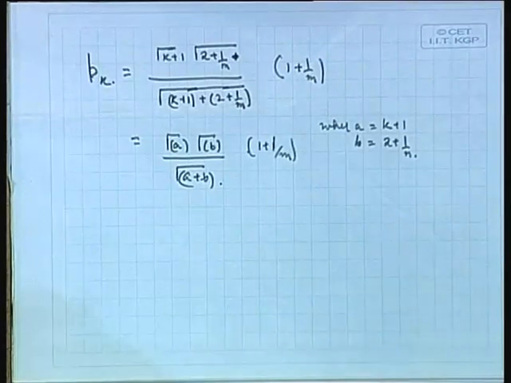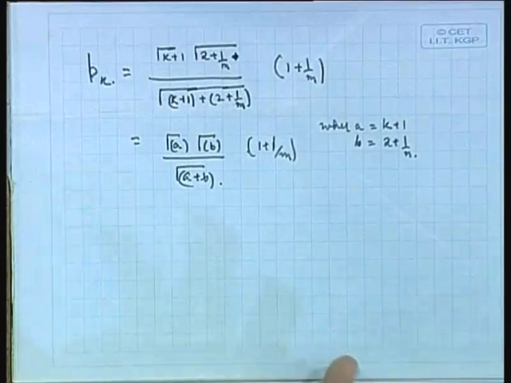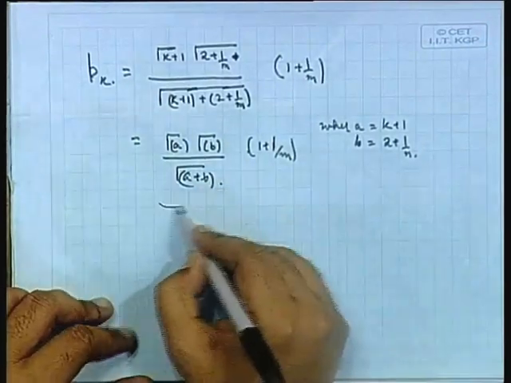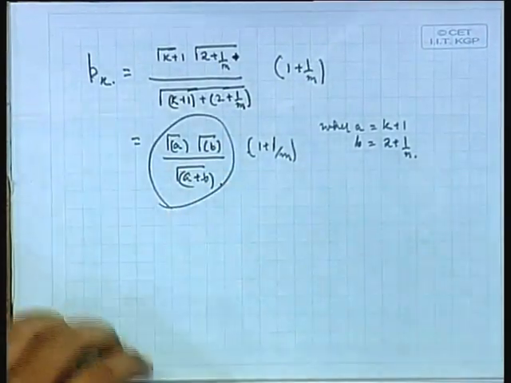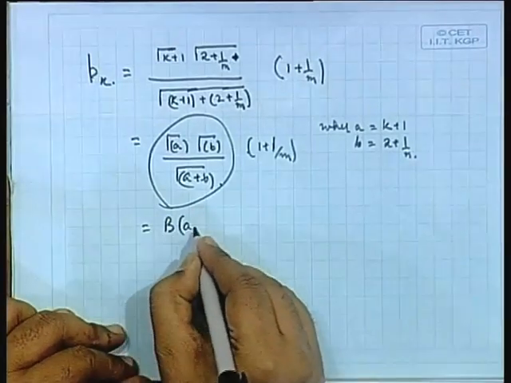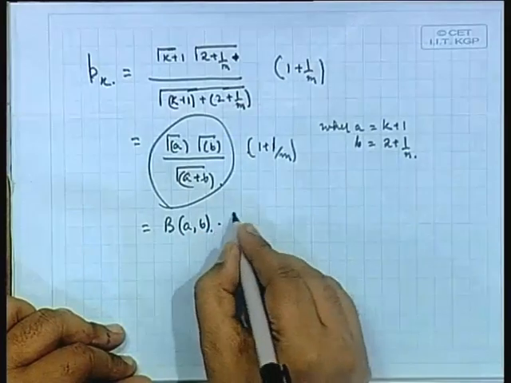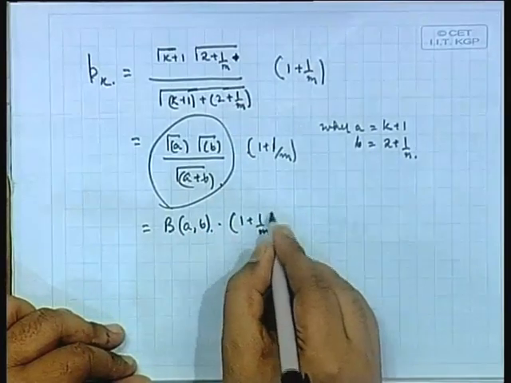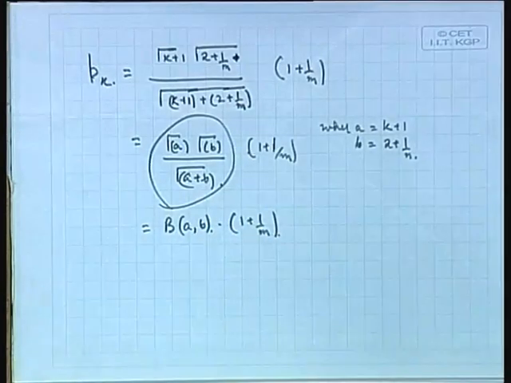Clear? Okay. So, what is this function, tell me? This is a beta function. So, this is beta A comma B.